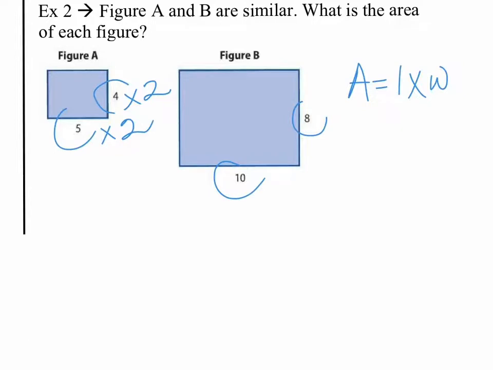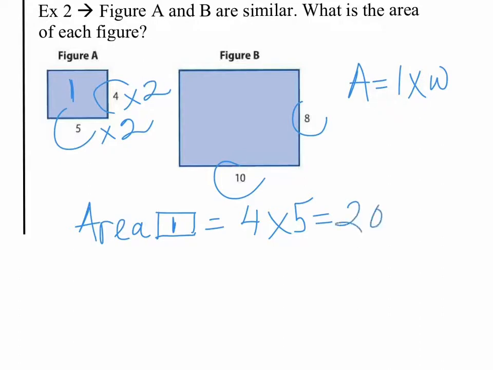The area of the small rectangle, we'll call it rectangle number 1, is equal to 4 times 5, which is 20. 20 units squared.